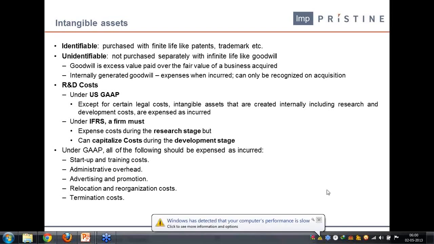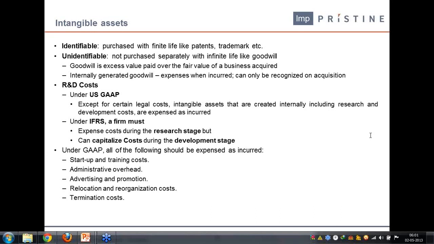Internally generated goodwill is, say, your company, when you value it in the market, is 5 lakhs, and when a company is thinking of an acquisition, it values your company at 7.5 lakhs, so the difference of 2.5 lakhs will be the internally generated goodwill.